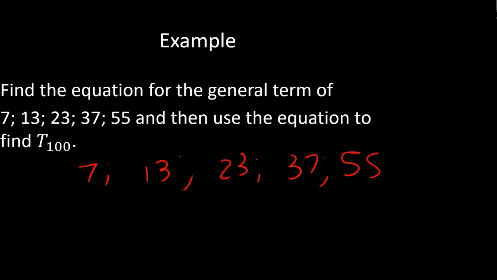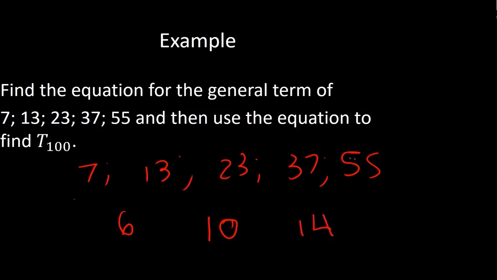All right. First thing we do is we find the first difference by subtracting term 2 minus term 1. 13 minus 7 is going to give me 6. 23 minus 13 will give me 10. 37 minus 23, is that 14? Yes, it is.